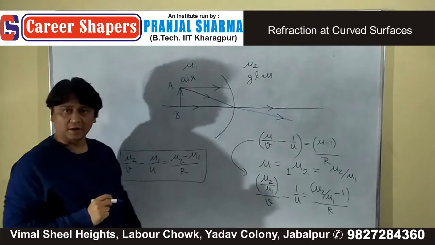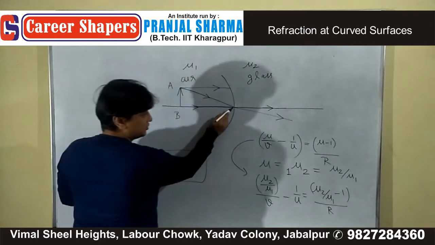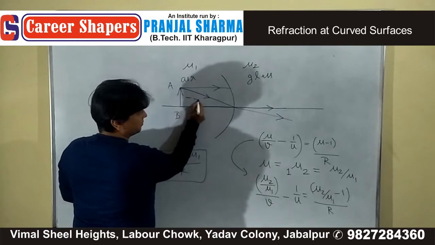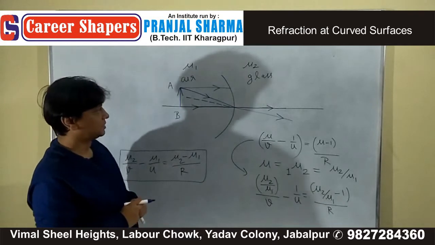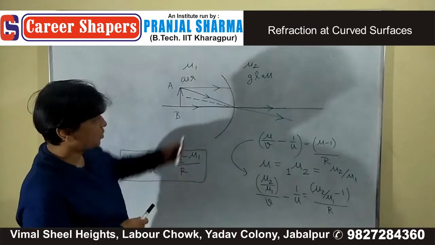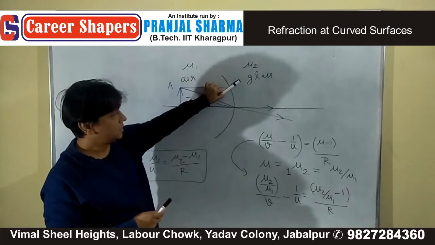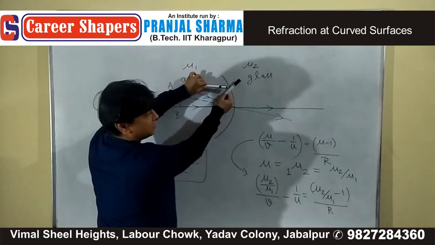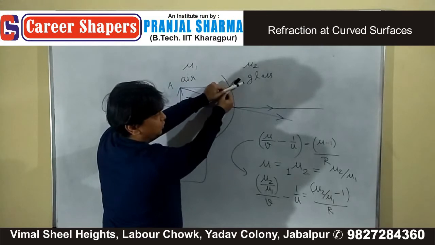Now, suppose you take a refracted ray like this, which is coming from A. If this is the ray coming from A, then this refracted ray, let's produce it backwards like this. You will draw a normal at this point. That's the normal. Once light rays are moving from a rarer medium into a denser medium, they will deflect towards the normal.